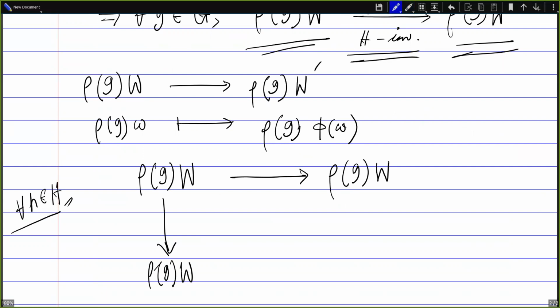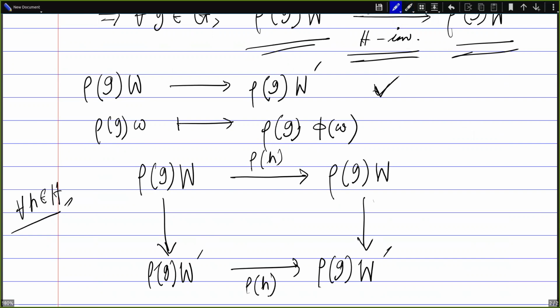Rho_g(W prime), rho_g(W prime). How is that defined? Both of these two vertical maps are exactly this, and here we have rho_h, and here also we have rho_h. Now we say that this is commutative. How to check that?